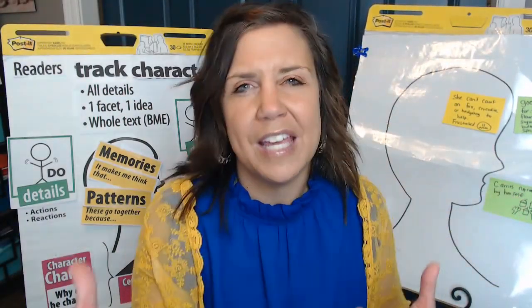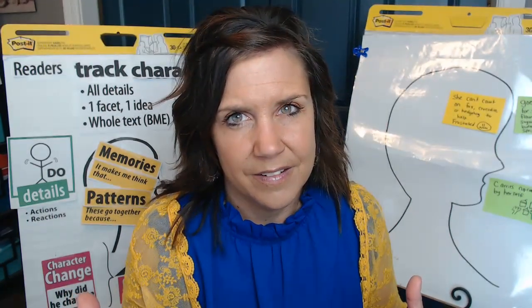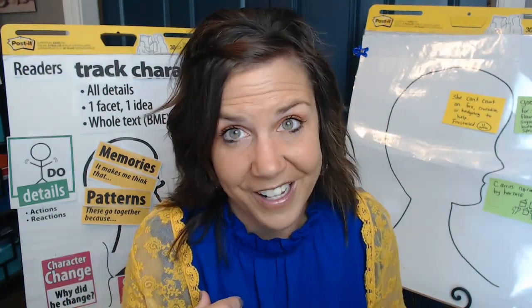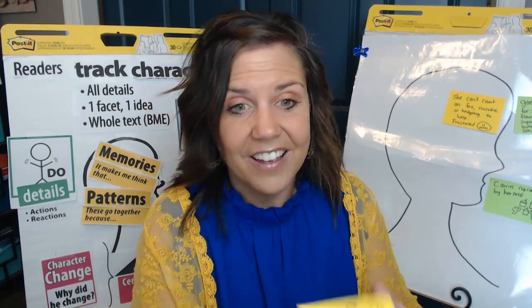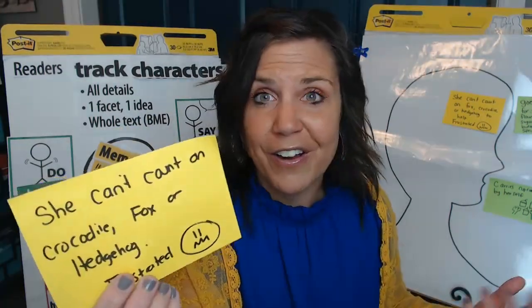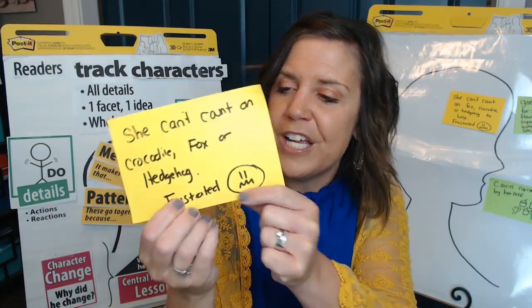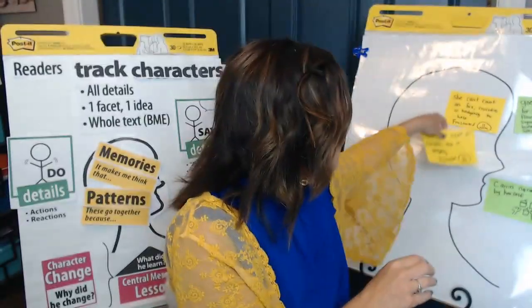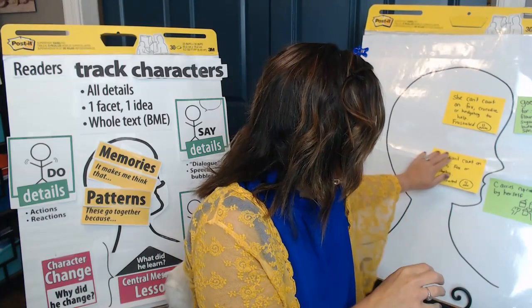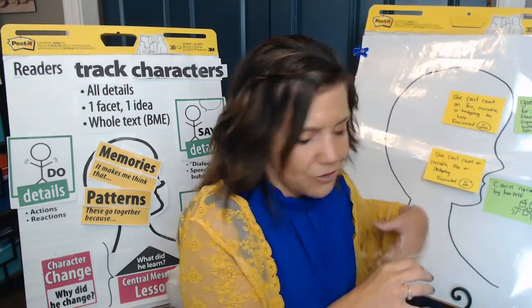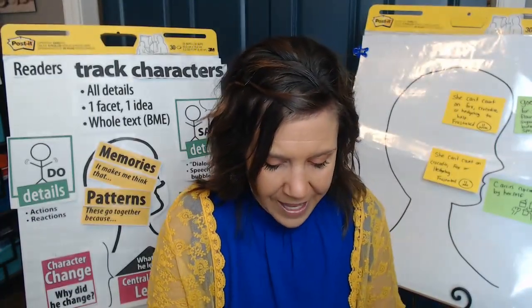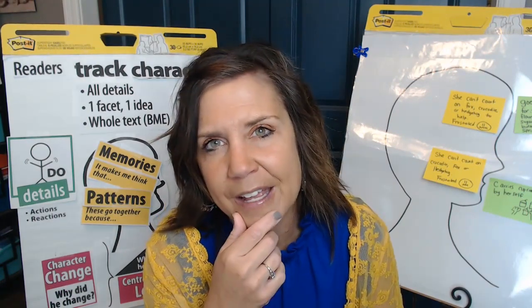And what do you think she's thinking? Did you say she's frustrated again? Yeah. They're just not figuring it out, are they? She can't count on crocodile, fox, or hedgehog. She is frustrated. So the same thing. I'm starting to see a pattern here, aren't you? She's getting frustrated. And then at the end, what did she say?